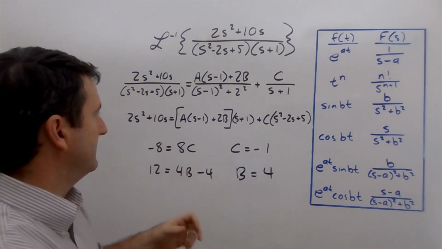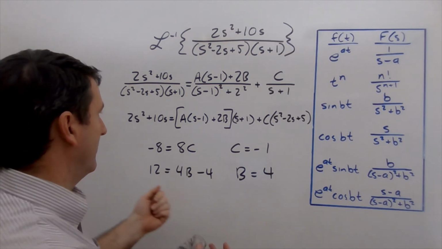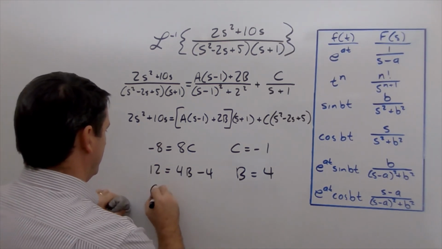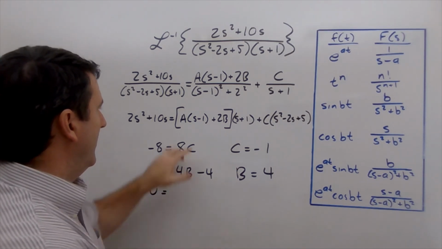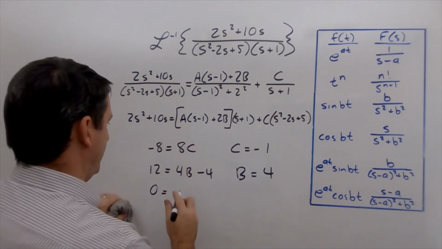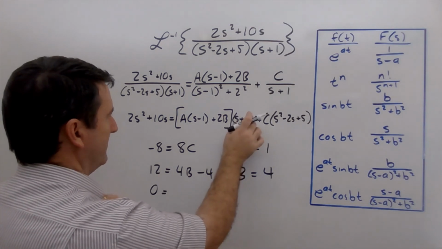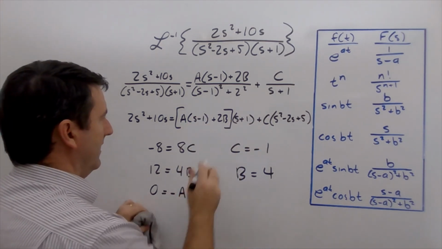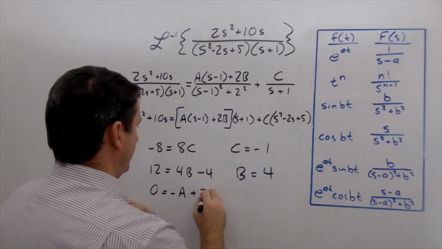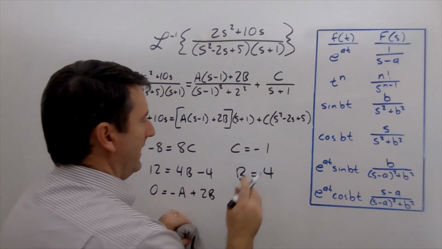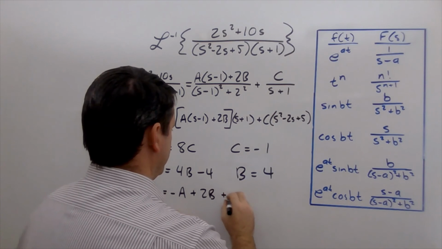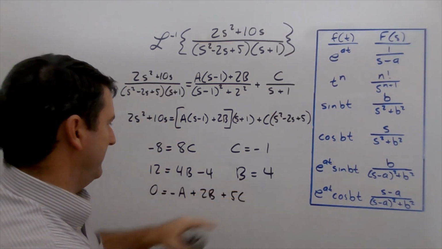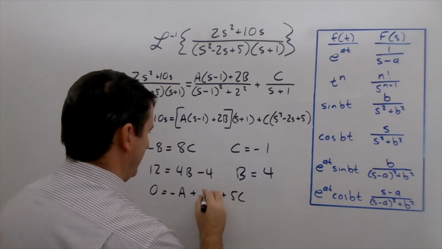Now there's nothing else that we can just make some things disappear with. So let's plug in 0 now for s. So if we plug in 0, this becomes 0 on the left side. This is just going to be 1 out here, so this is just going to be -a plus 2b, and then plus 5c. And we know that b is 4, so this is going to be 8.